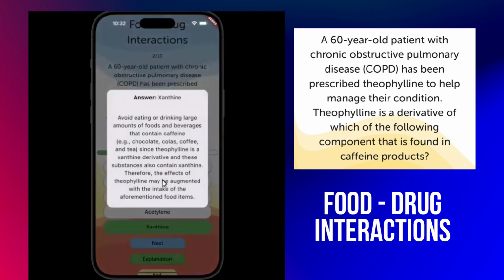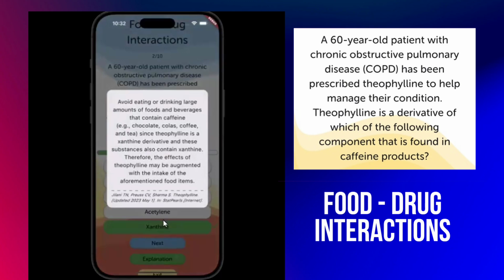So avoid eating or drinking large amounts of food and beverages that contain caffeine, like chocolate, colas, coffee, and even teas, since theophylline is a xanthine derivative, and caffeinated foods or drinks do contain xanthine, okay? They're xanthine compounds.